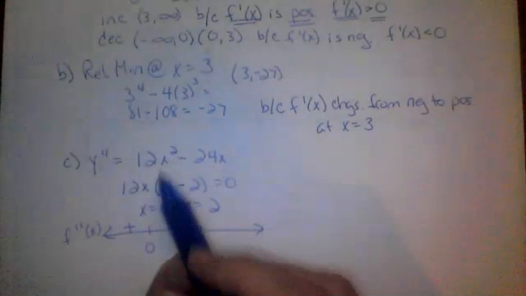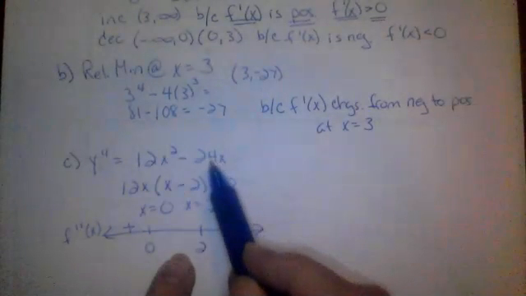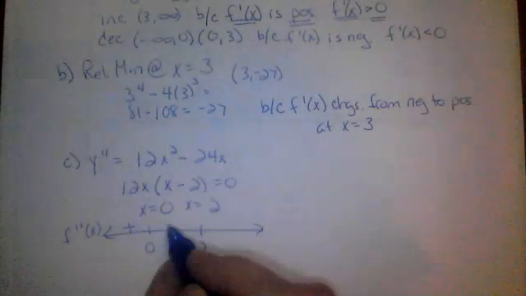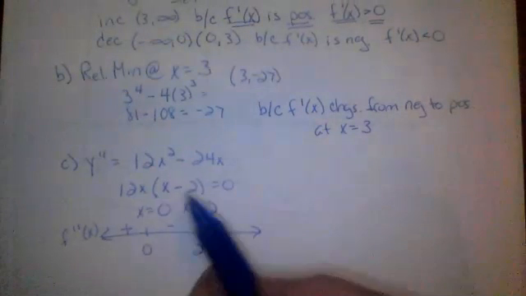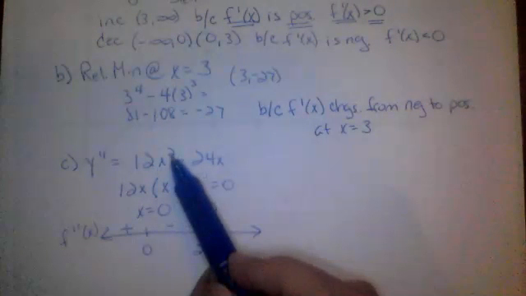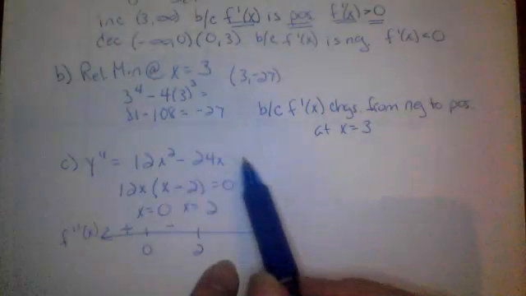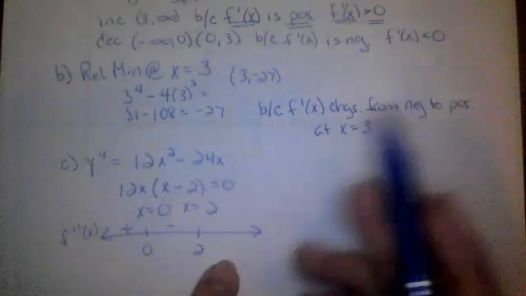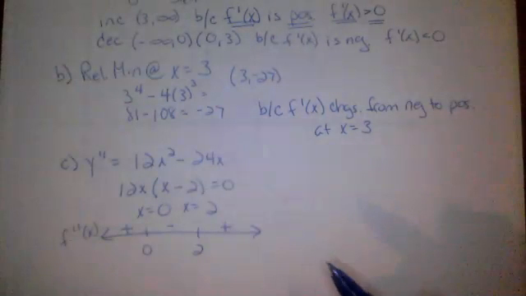If I put 1 in, this would be 12, and this would be minus 24, so the negative number is larger. And over here, if I put in 3, 3 squared would be 9 times 12. What would it be? 108. And then 3 times 24 is smaller, so that's going to be positive.